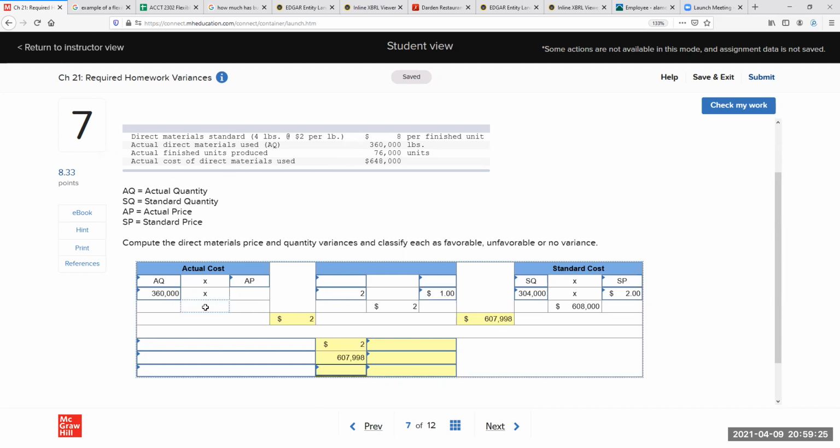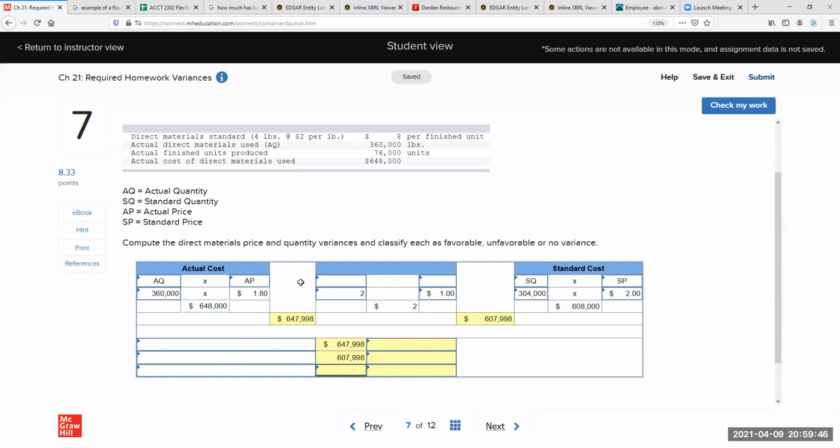So actual cost was 648, and this divided by that gave me $1.80. Now, right away, you can see your actual costs were 648. You should have spent 608. You're over. You spent too much by 40,000.